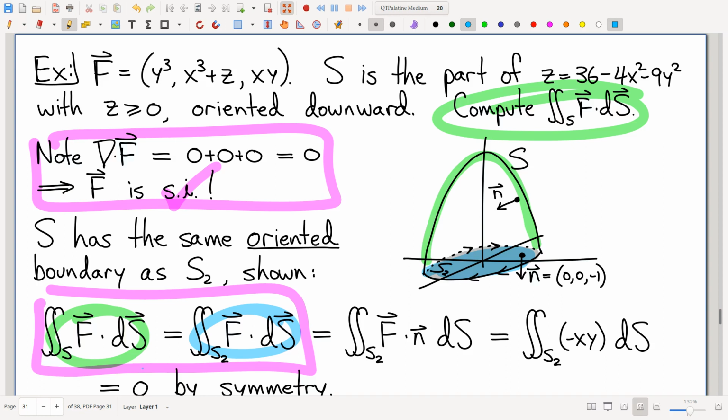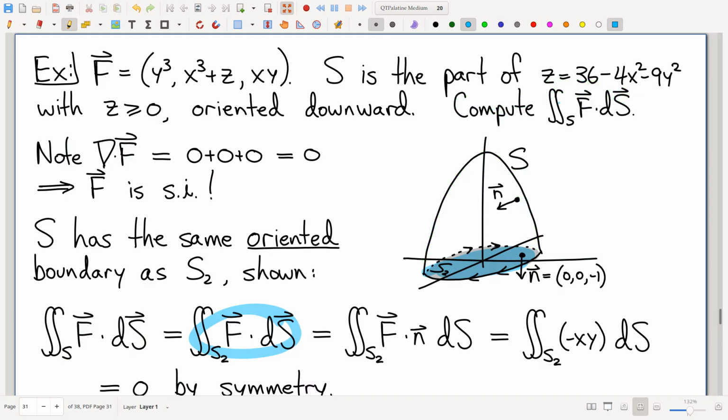And in fact, it's super easy, now getting rid of all this green stuff that we don't need anymore. We've agreed that our normal vector here is downward, and here when I say downward, I'm talking about on our new surface. On our new surface, downward is literally straight down. So it's, in this case, literally (0, 0, -1).